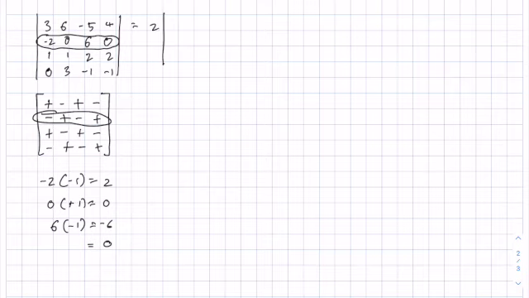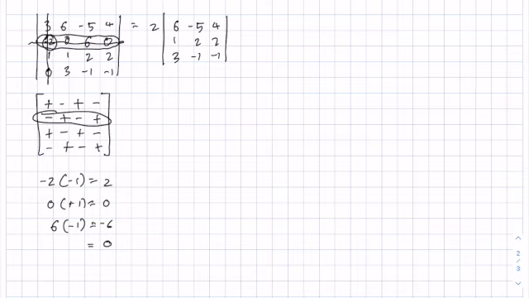To get this determinant, remember what I said last time, you cancel the row and the column that involve this negative 2. Then we use the remaining values to find the determinant. So we have 6, negative 5, 4, 1, 2, 2, 3, negative 1, negative 1.